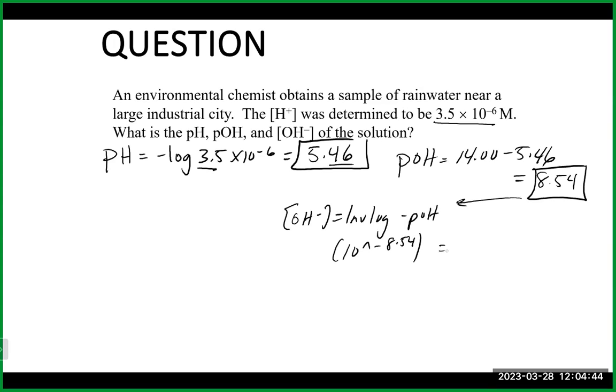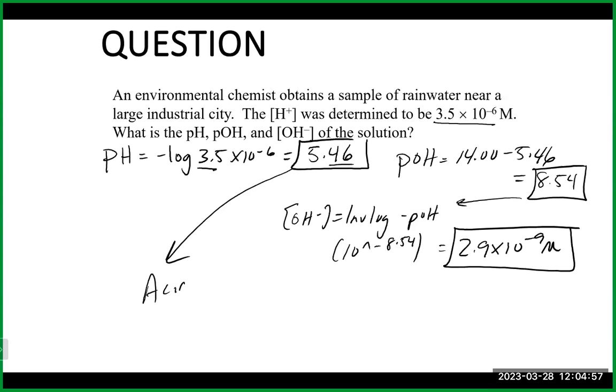Going to give us 2.9 times 10 to the minus 9 molar. At this point here, this would be acidic, right? Again, the pH here is less than 7, so it should be acidic. Okay. Any question on it?